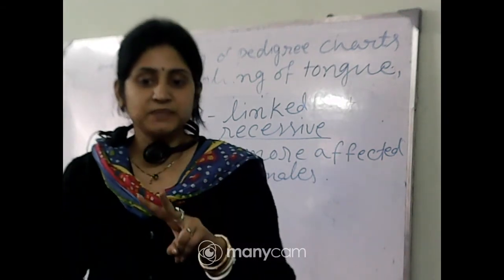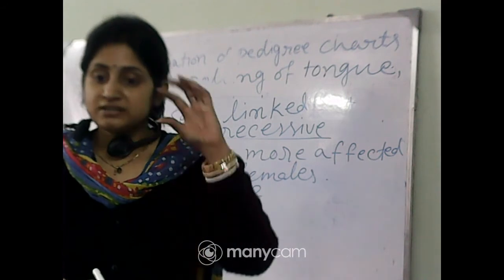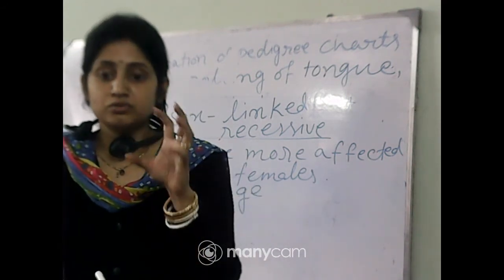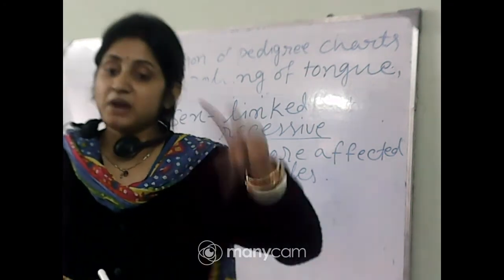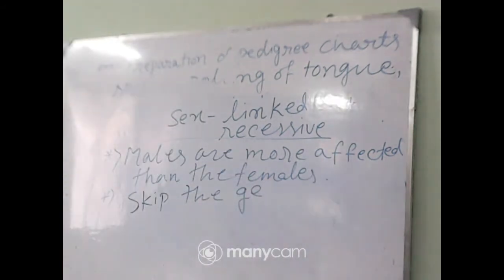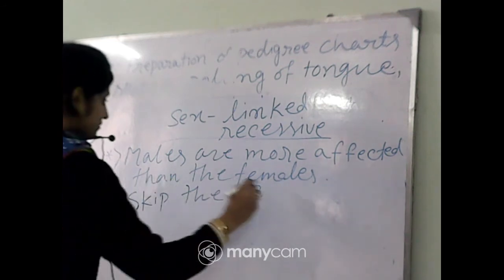Dominant never skips the generation, but recessive skips the generation, because when a generation skips the disease or doesn't show the symptoms, that means the disease is present but in the recessive form. Actually they are carriers. Okay, recessive obviously skips the generation, but dominant never skips the generation.